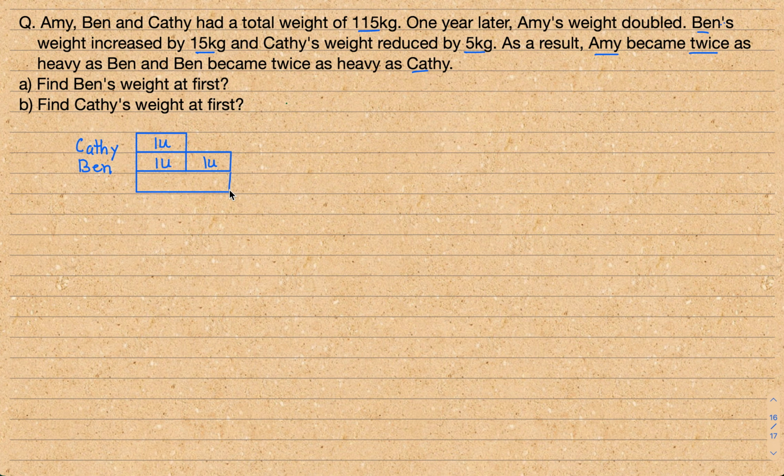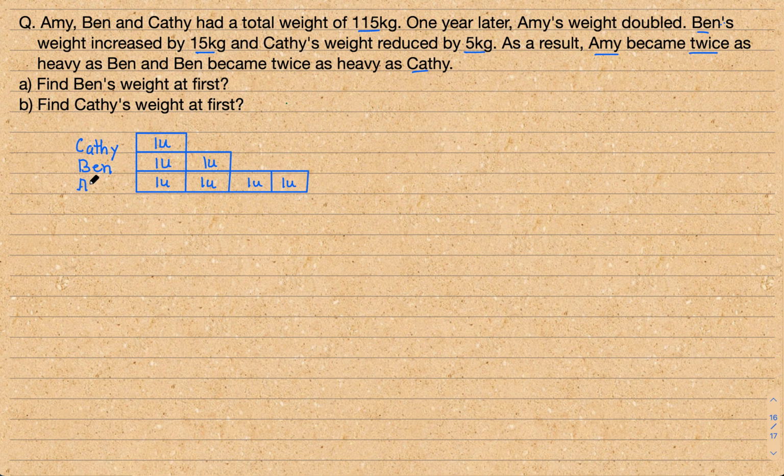This will make it same as Ben, but we need another 2, so that Emmy is twice of Ben. So Emmy here is 4 units.